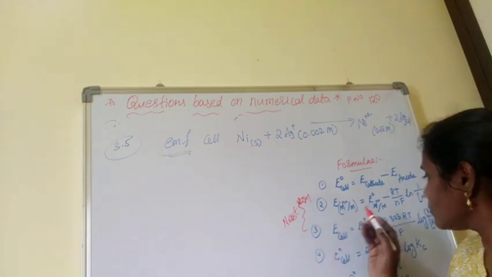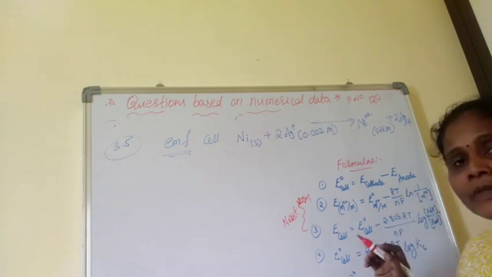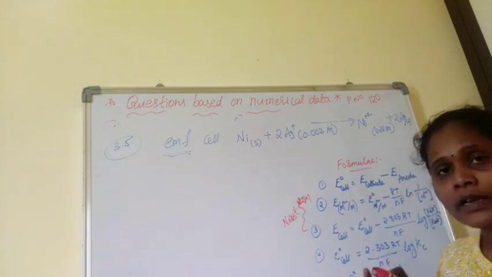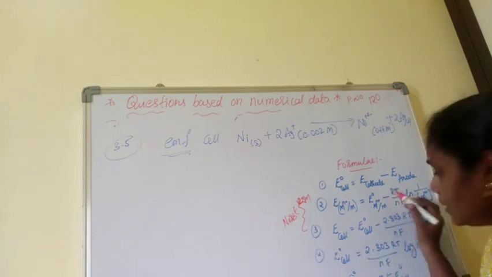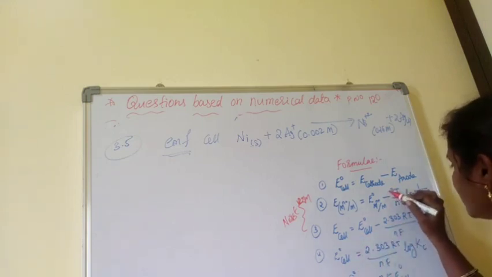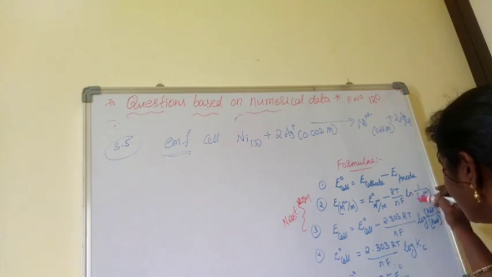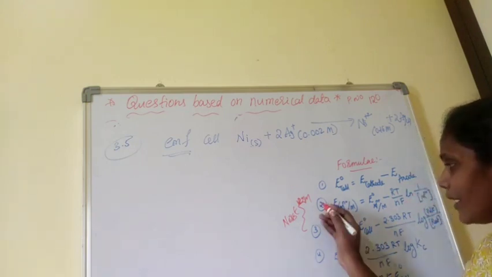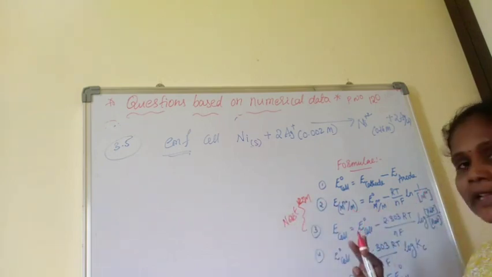You are mathematics students, so you can do the maths. If I want to convert ln to logarithm, I will put 2.303: 2.303 RT by NF log 1 by that metal ion concentration. I am not writing it here, I just gave you the equation.